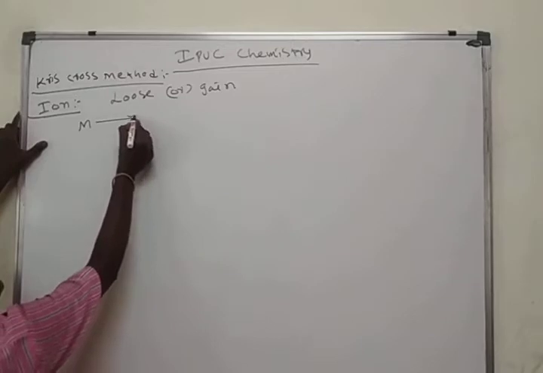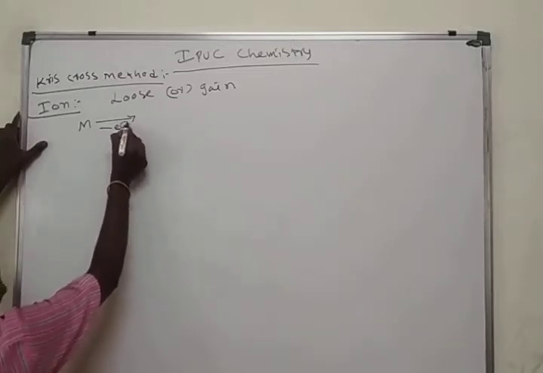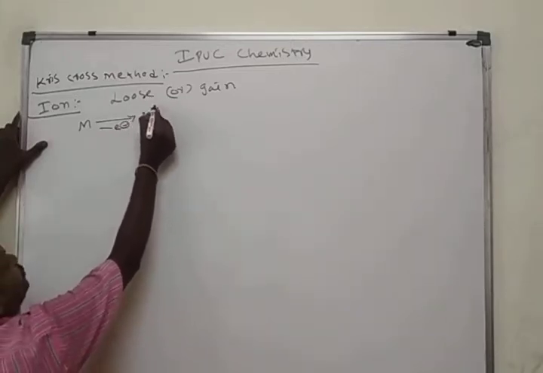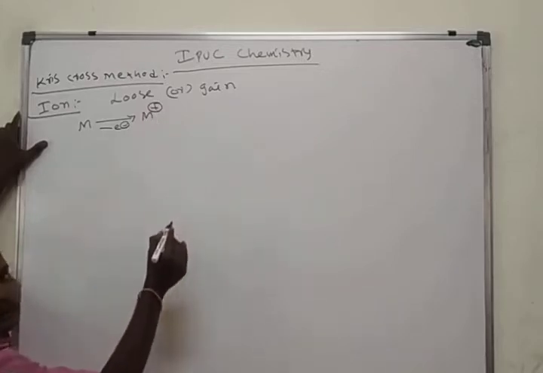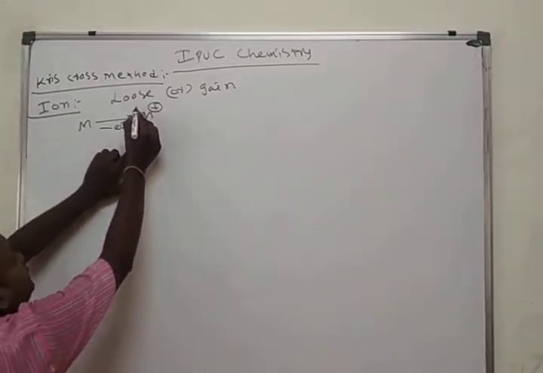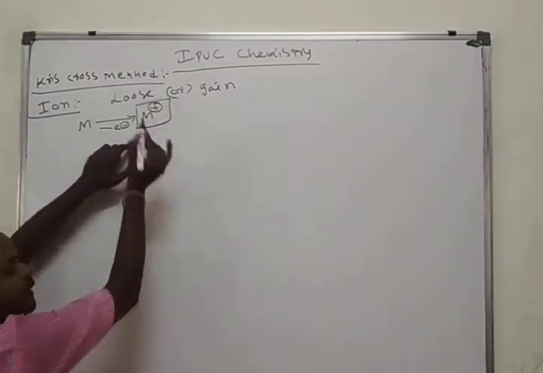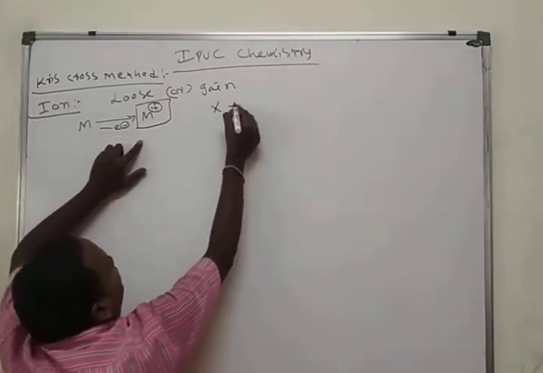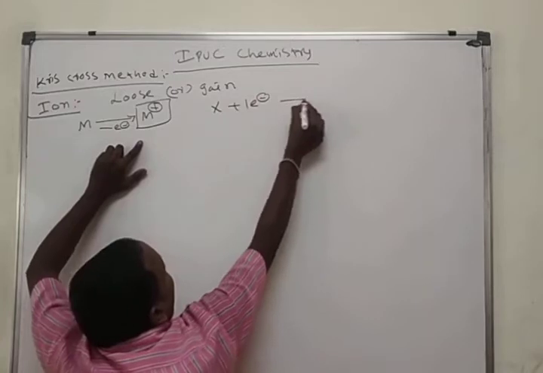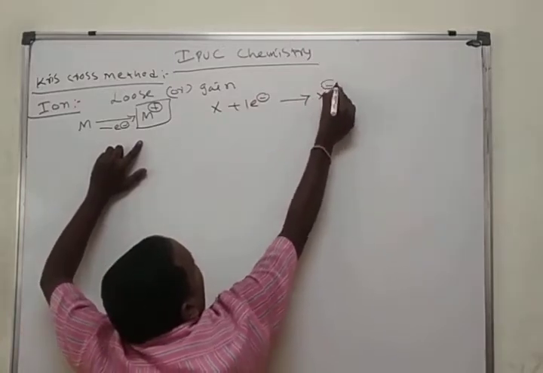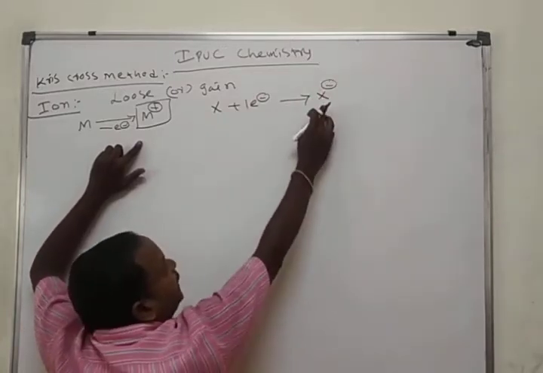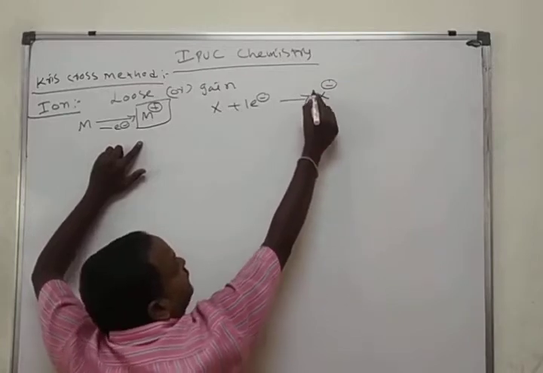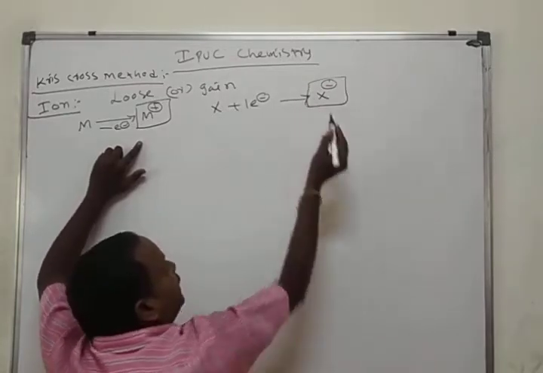If it loses one electron, it gets a positive charge. This species we call an ion. When an atom gains one electron, it becomes X minus. This is also called an ion.